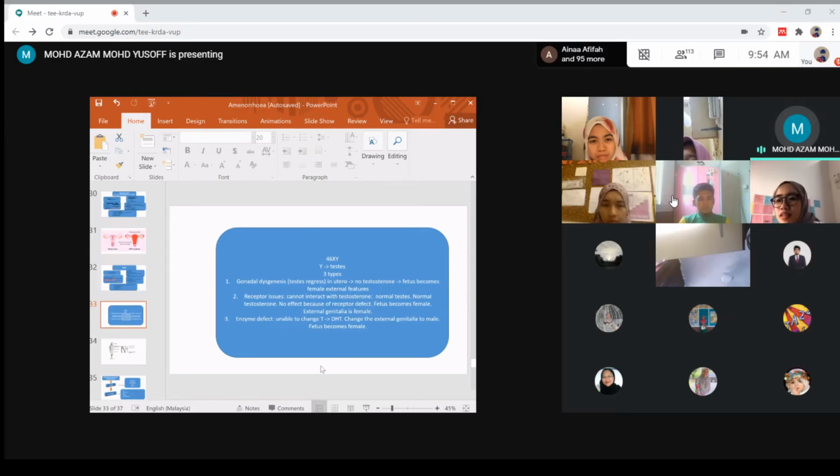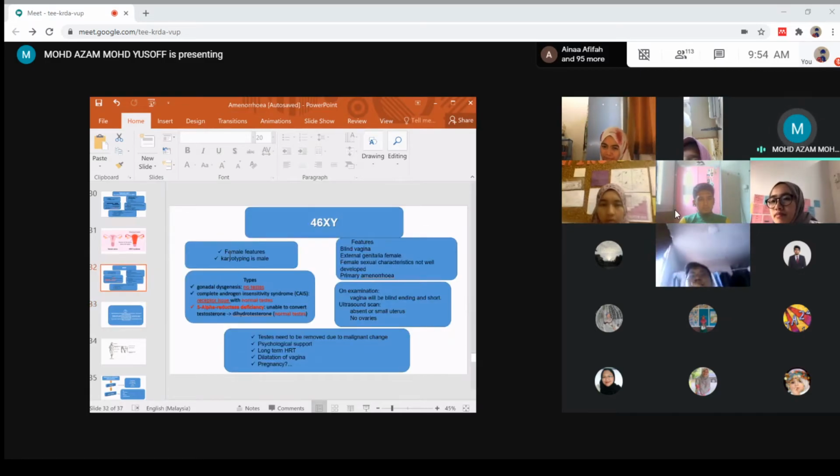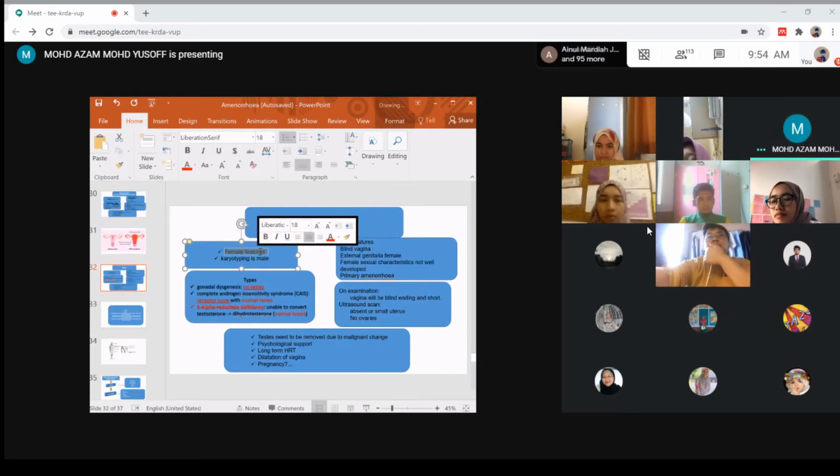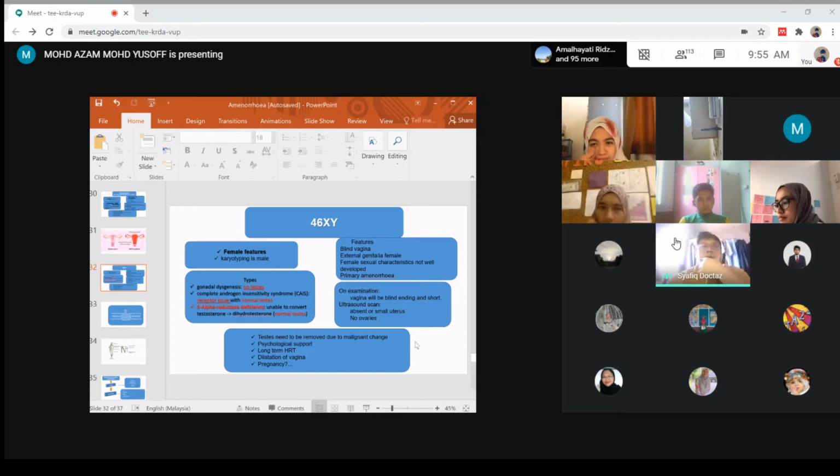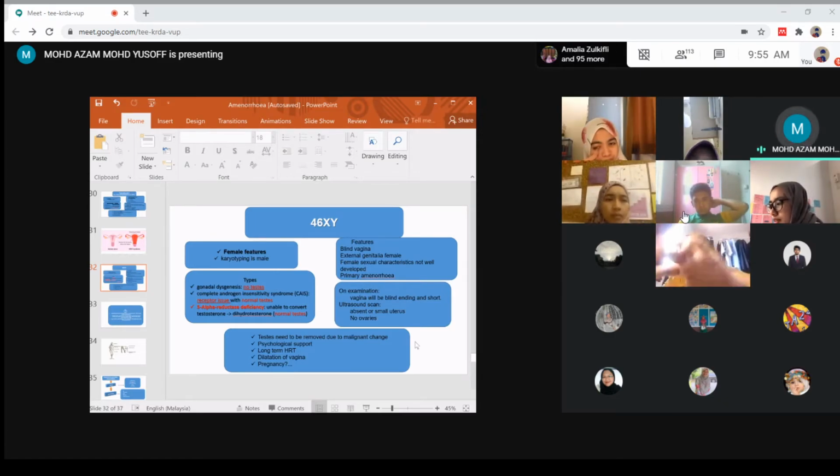Genitalia actually they are lady. Their features are female features. They are ladies. That's why this patient comes complaining of primary amenorrhea. The family thought they are ladies. They were born as a baby girl with external genitalia. But they are male. They come with primary amenorrhea.